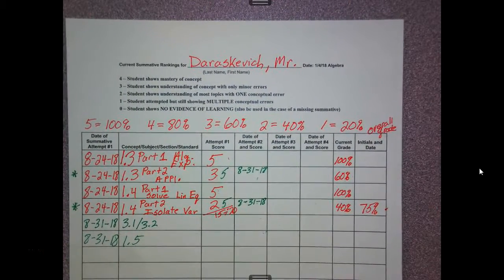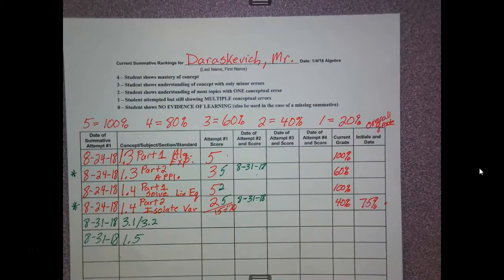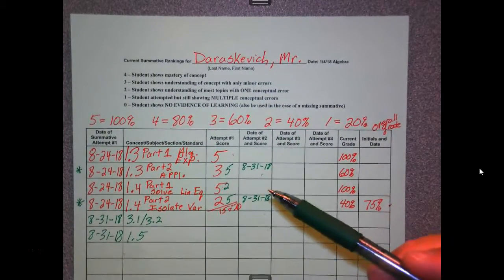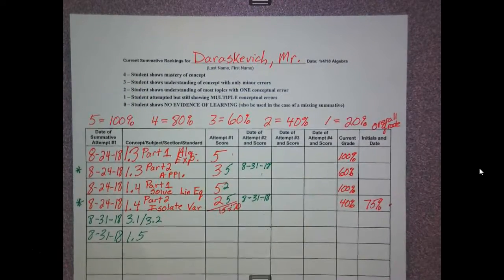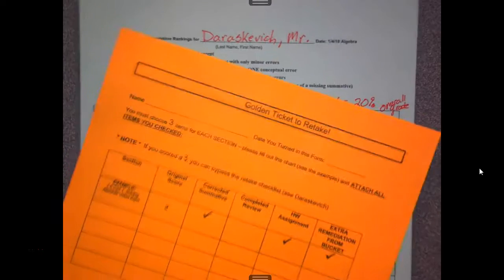Now, suppose you got a 2 or a 1. You left a blank and you got a 1 on 1.4 part 1. And we're not going to retake it on the next quiz. What do you do? Well, the retake form.